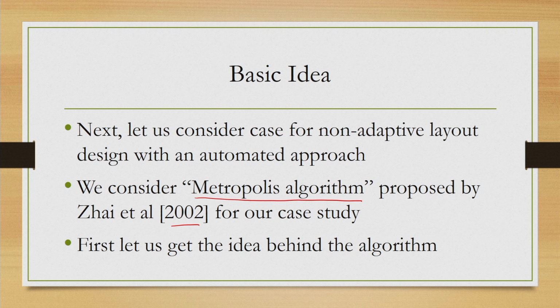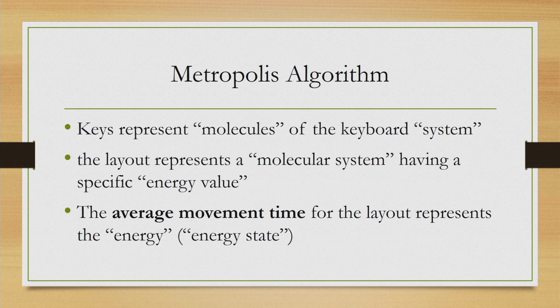Before discussing the implementation of the framework, first let us try to get the idea behind the algorithm. What does this algorithm state? It states that a keyboard can be considered as a system of molecules, where the keys are the molecules and together they represent the keyboard system, which is a molecular system as we find in nature.